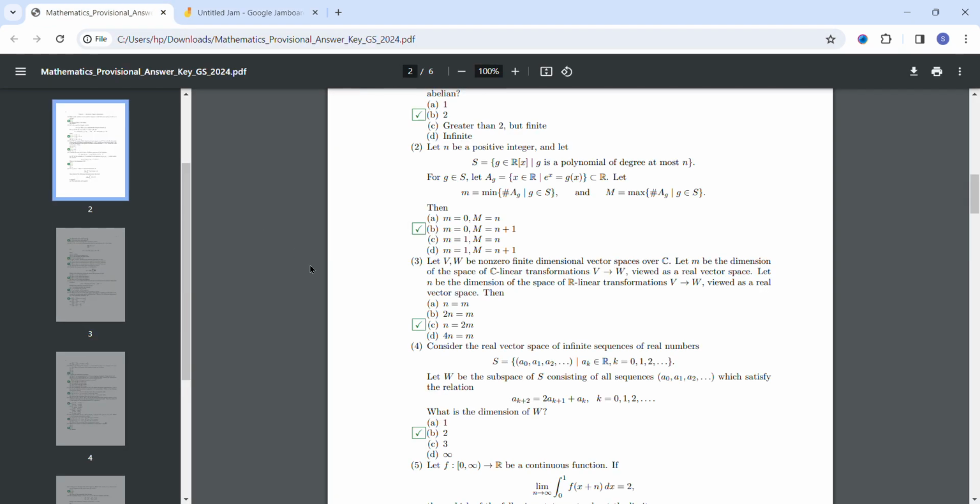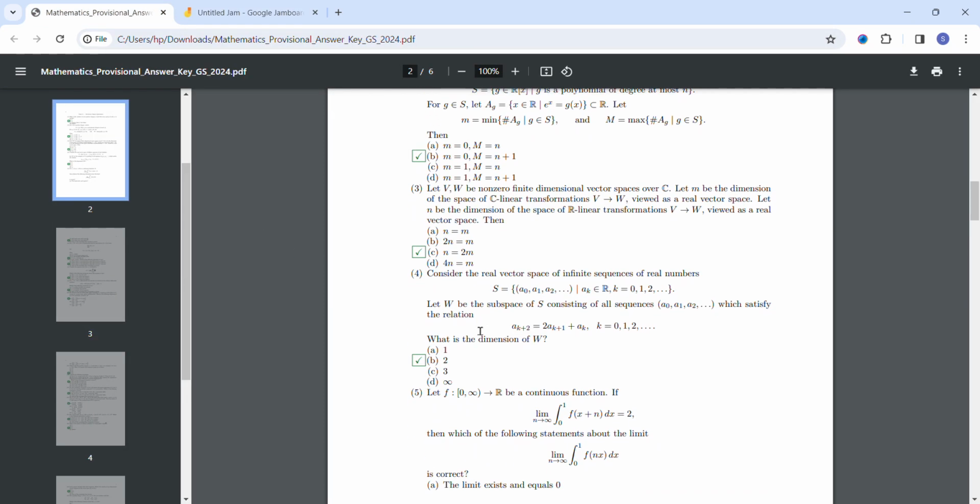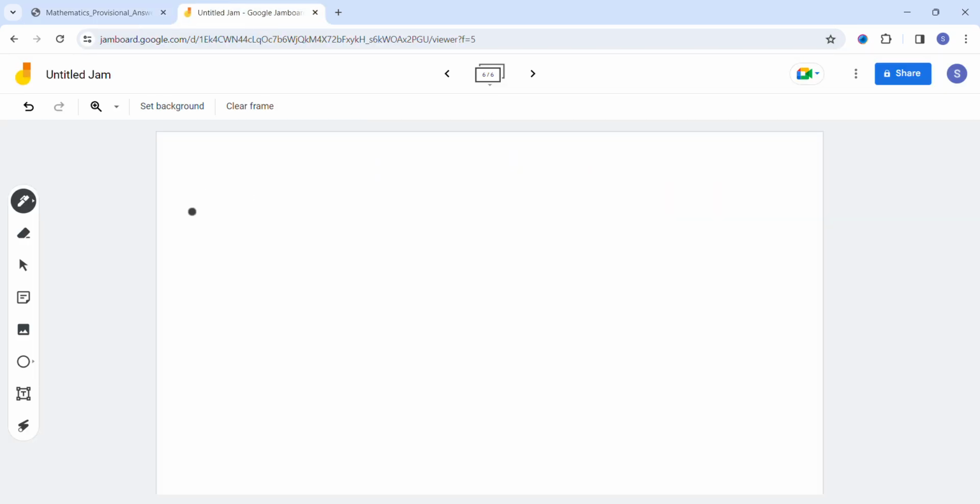Problem number 4 says, I think this is the easiest problem, the collection of all sequences that satisfy this condition: a(k+2) is 2a(k+1) plus a(k).